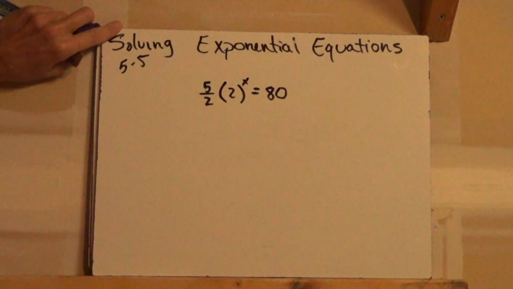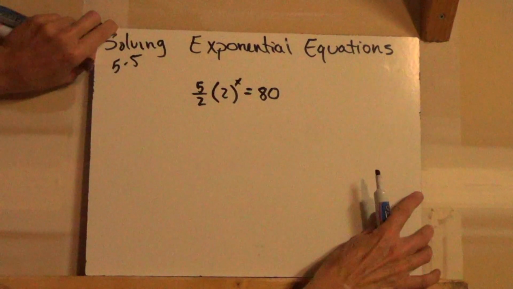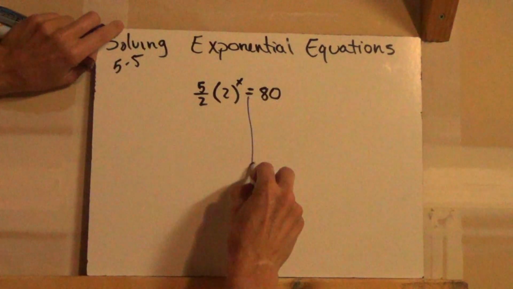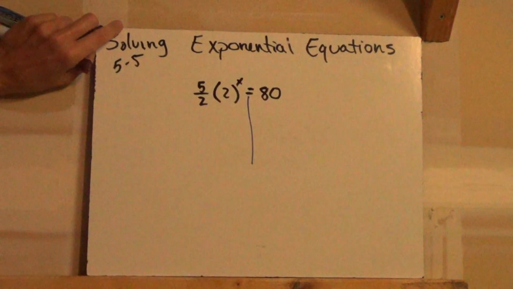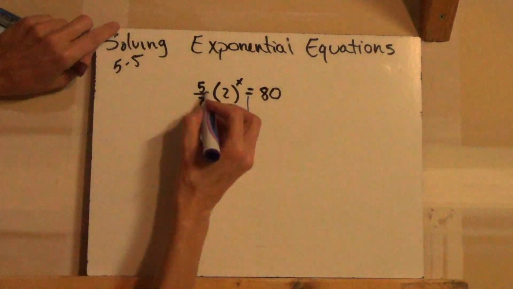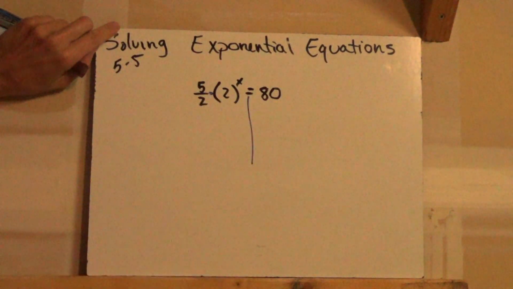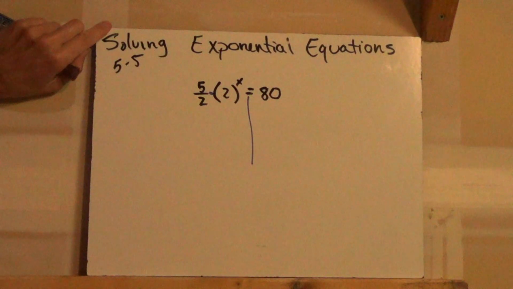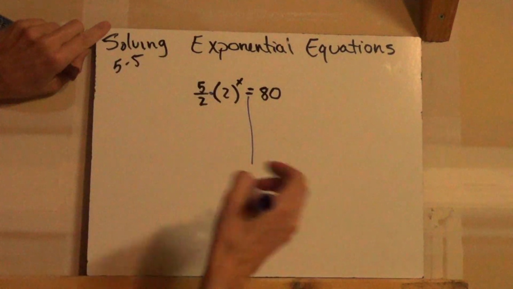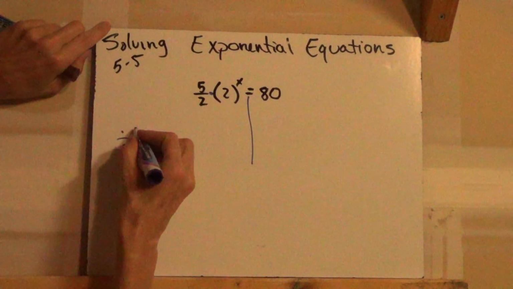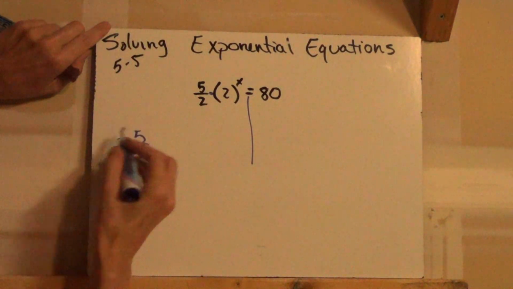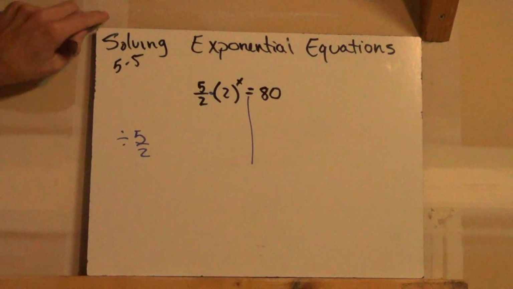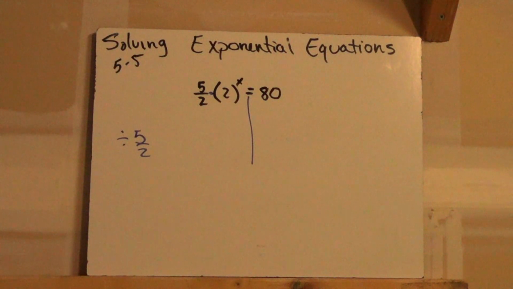Same kind of approach here. We want to make sure and draw our line, and we want to get this x isolated. So the first thing we look at, away from the x, we have a times by 5 halves. In order to get rid of that times by 5 halves, we would say divide by 5 halves, but we know when you're dividing by a fraction, it is skip, flip, and multiply.